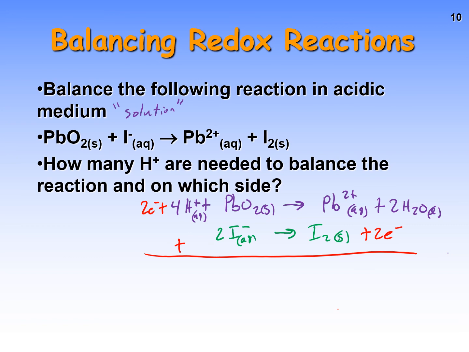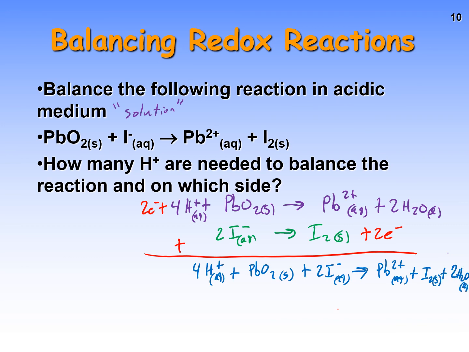Which gets me 4H plus aqueous plus PbO2 solid plus 2I minus aqueous goes to Pb2 plus aqueous plus I2 solid plus 2H2O liquid.